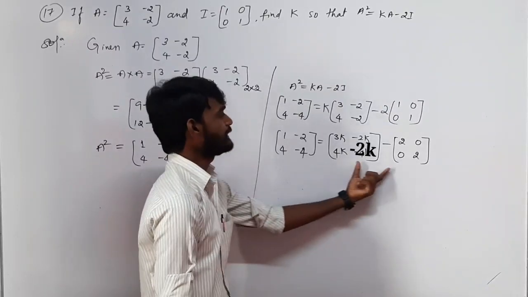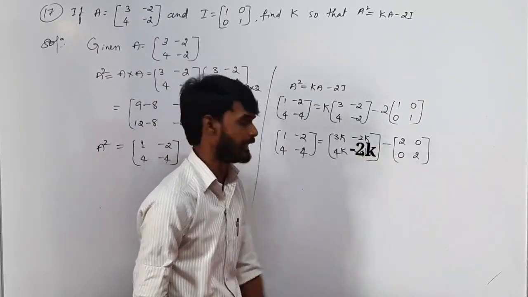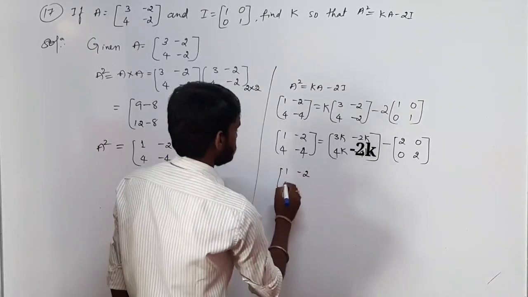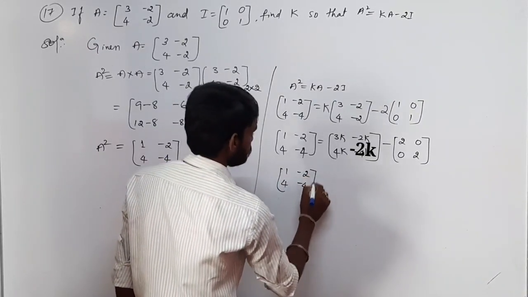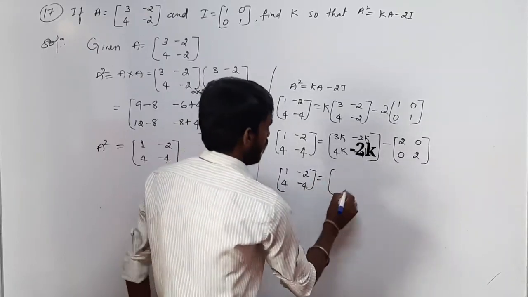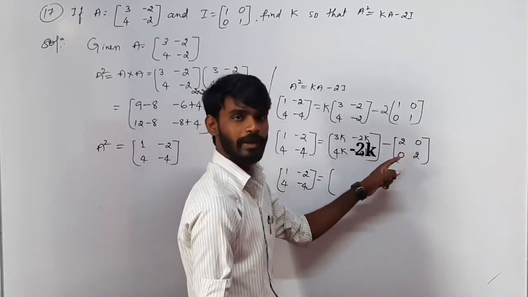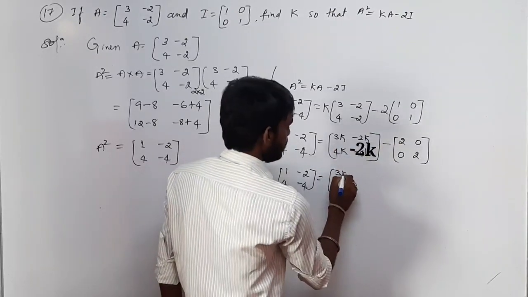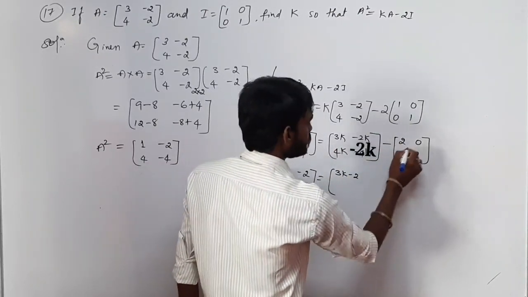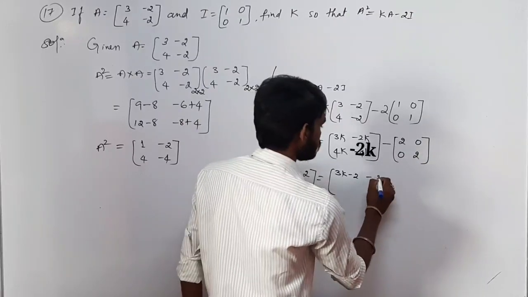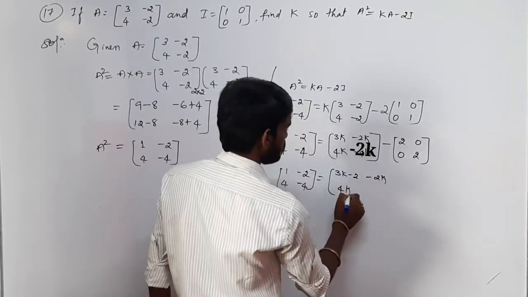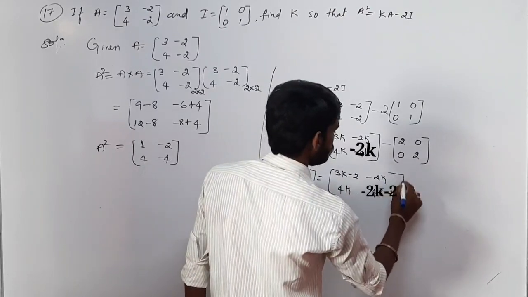Now in this case the matrix orders are the same, so we can subtract. This matrix is as it is, [1, -2; 4, -4], then this is equal to, now we can subtract the two matrices with corresponding elements. 3k minus 2 is 3k minus 2, minus 2k minus 0 is minus 2k. Now 4k minus 0 is 4k, minus 2k minus 2.